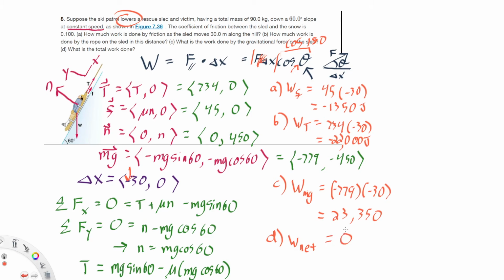So the total work done is 0 here, which we could have figured out way over here, because if there's no net force in the x direction, there can't be any net work from the x direction.